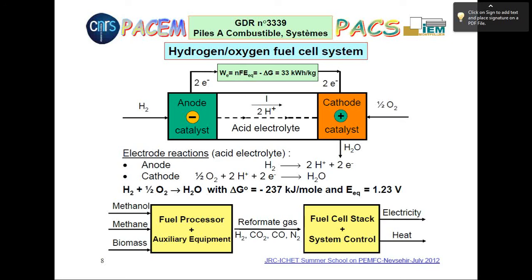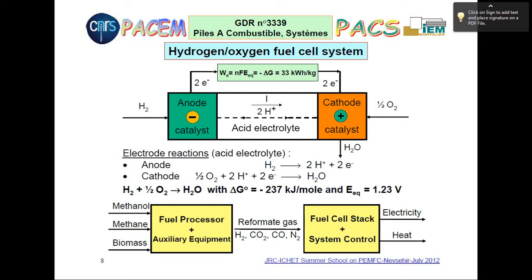So proton plus oxygen at the cathode plus electron from the external circuit give you water. So you can explain, you separate both reactions, hydrogen oxidation and oxygen reduction, thanks to this device. And you have the overall reaction as production of water and of course of heat and electricity. But hydrogen is not a natural product.